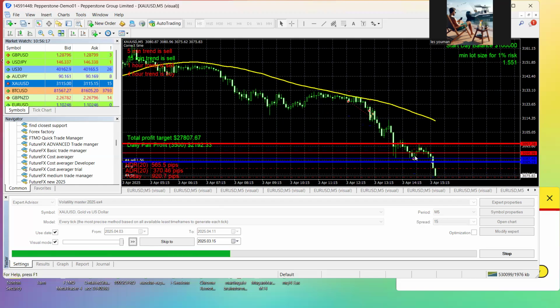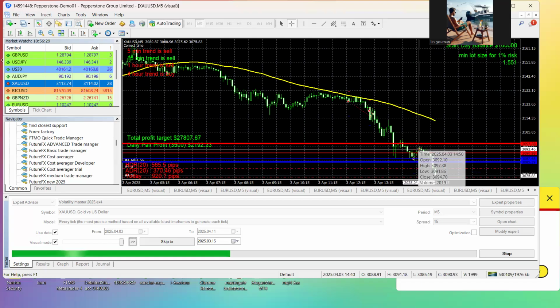So what this little bit here tells me is that while previously when the average daily range was smaller and there wasn't as much volatility, 650 pips as the maximum stop loss distance worked. I proved it with back testing that it was the best average maximum distance to have.